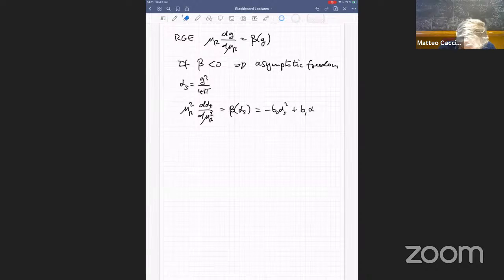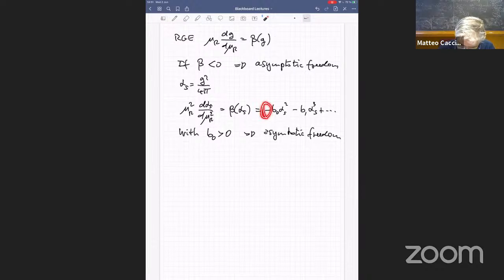Sorry, there is a minus here, plus etc. And today we know this to quite high perturbative accuracy, I think at least 3 or 4 powers of alpha. With B0 larger than 0, again, asymptotic freedom, because it is now defined with this minus here, of course. So this is just a choice.